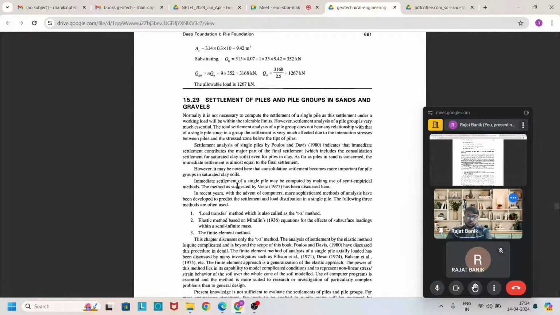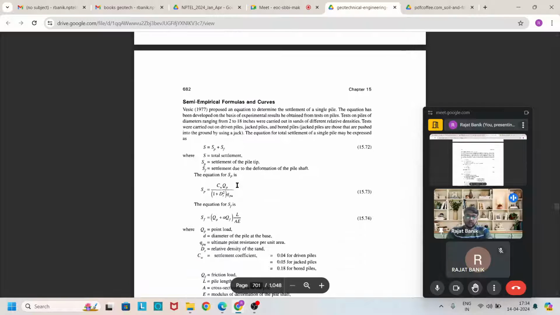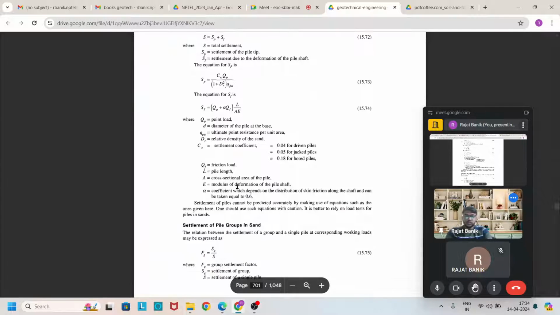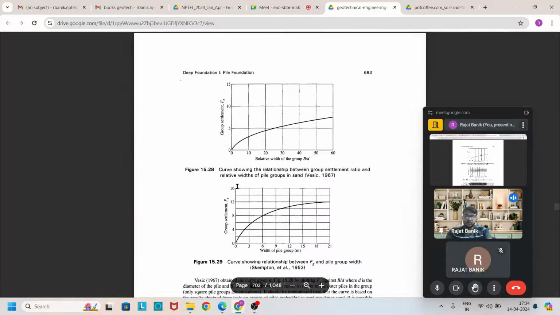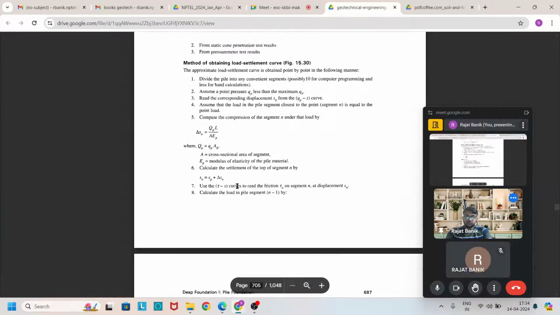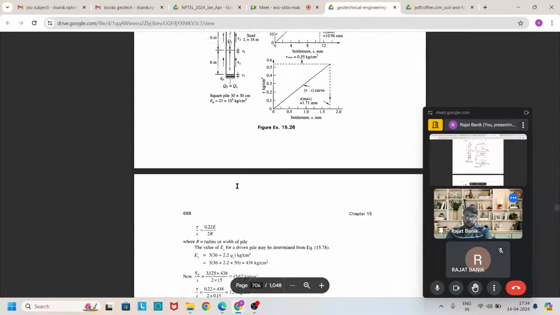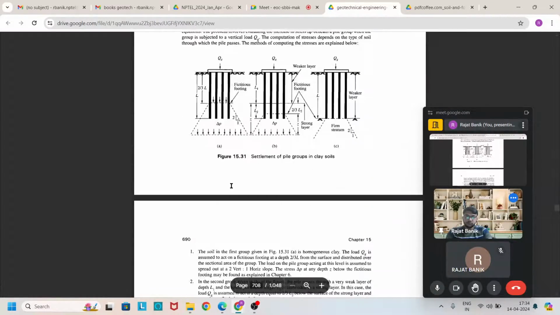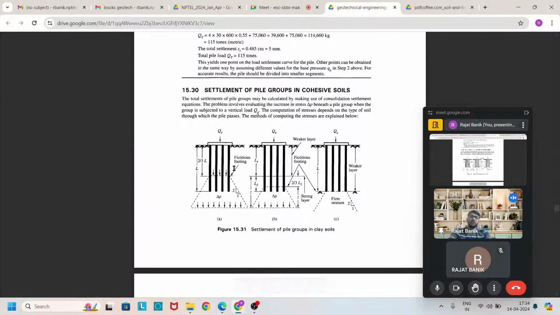Now, settlement of the pile group, we studied in our previous classes. For settlement of piles in cohesive soil, we have to calculate the load distribution from a distance of two-thirds of the length of the pile from the pile cap.